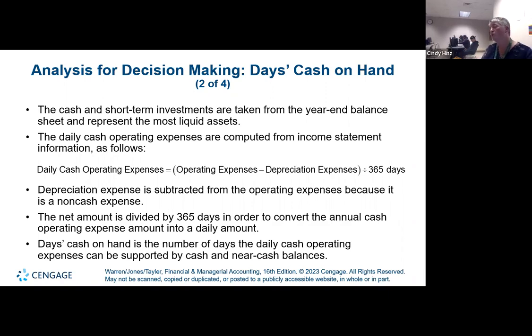But from what we've learned so far, depreciation expense is the one item that we're going to subtract. And then we know the total amount we're spending on cash operating expenses. If we divide by 365 days, that'll tell us how much we need on average per day. It's an average, it doesn't mean every day we spend that amount. Some days it's going to be more, some days it's going to be less. But on average, that will be how much we spend.